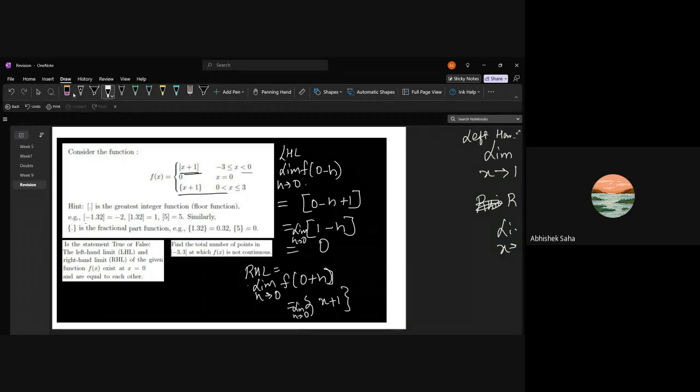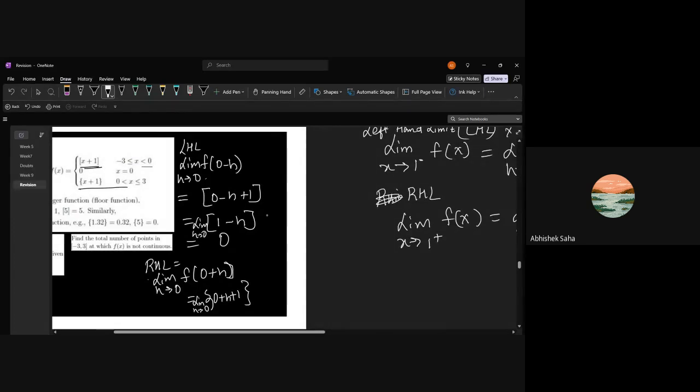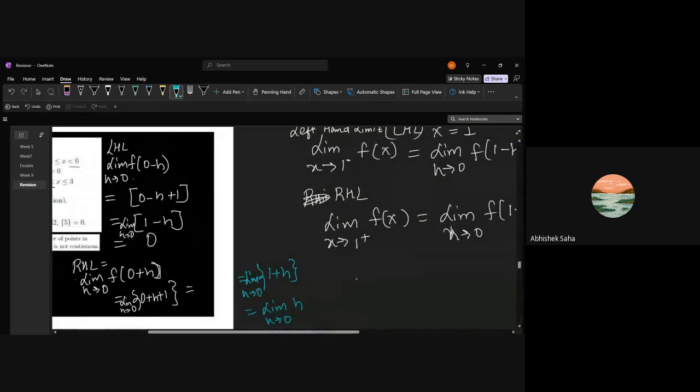In the place of x, I have to write 0 plus h, so this equals the fractional part of 1 plus h, limit h tends to 0. If you add any integer inside a fractional part, it will not change the function. So the value will be limit h tends to 0 of h, which is close to 0, so this is also giving 0.